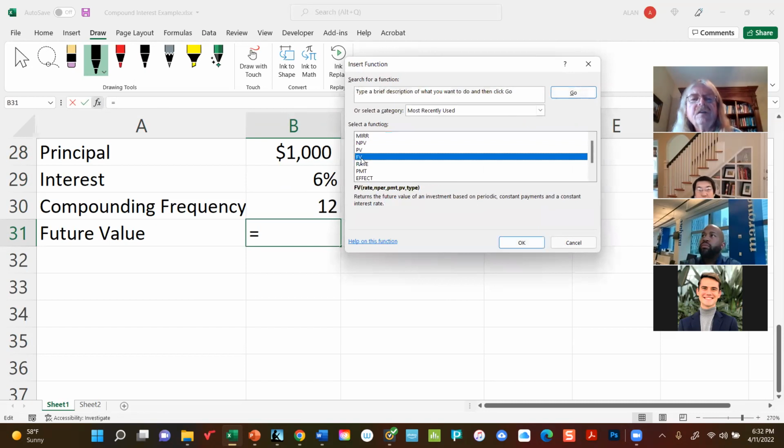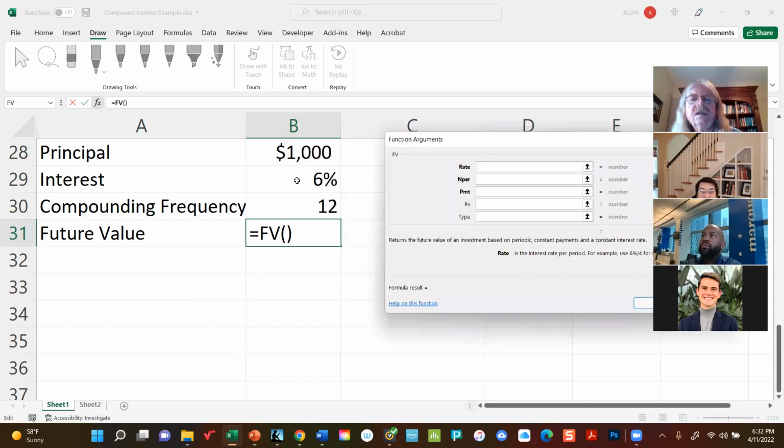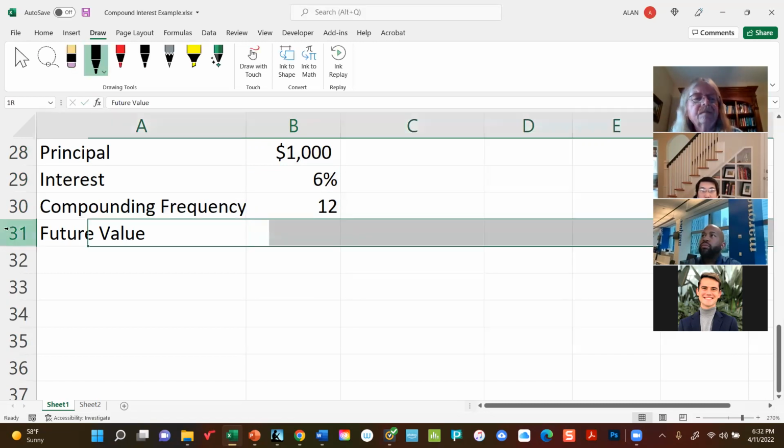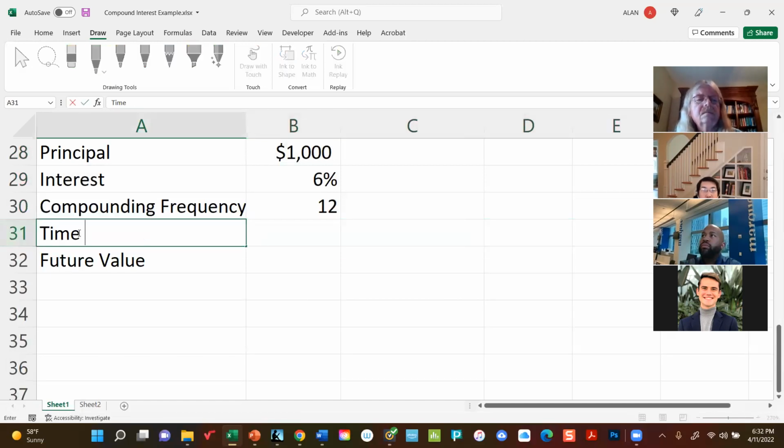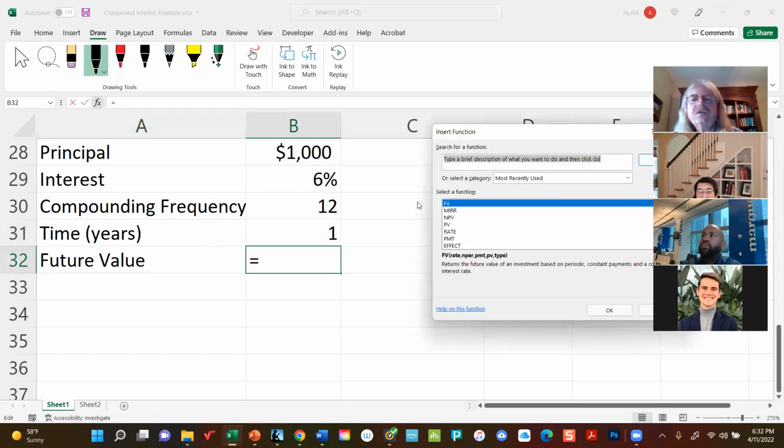So I'll ask it for the future value function, and it asks me for the rate, which is here, but it has to be divided by 12, because what it really wants to know is the monthly rate. Oh, you know what I just realized? Sorry, I'm missing something. This is a 1-year investment. Okay, now we're ready.